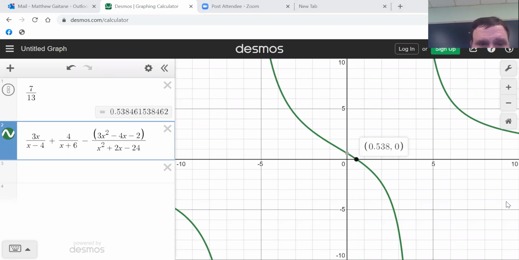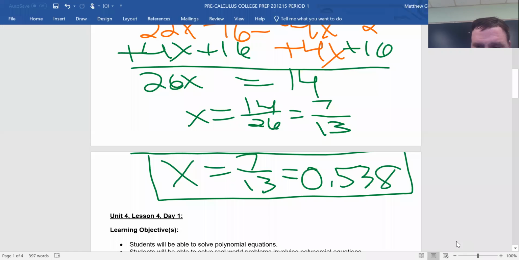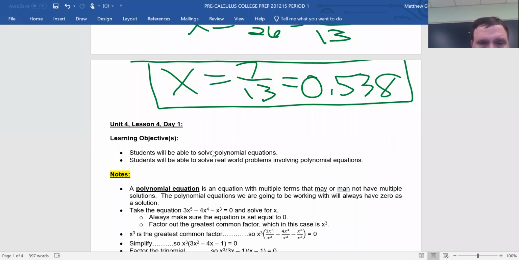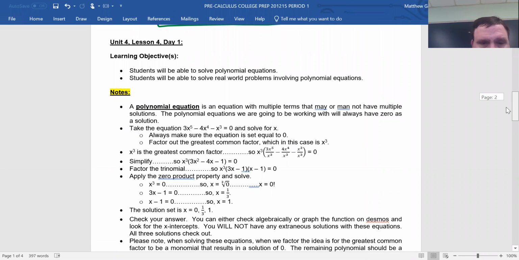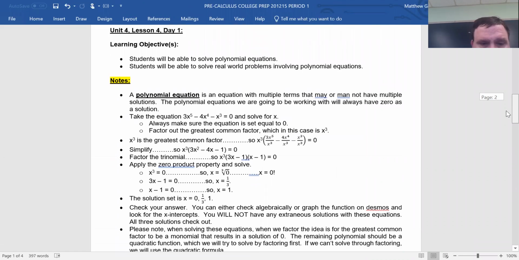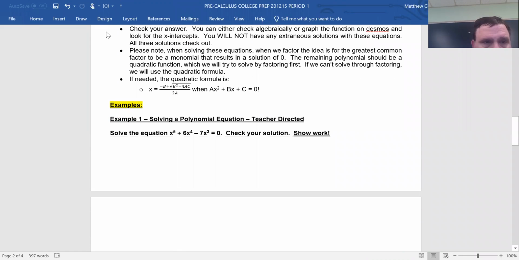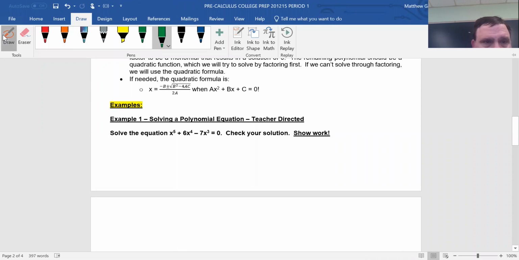So getting back to where we're going today, we're going to be solving polynomial equations. And here is just an example that you can read through. I'm going to take you through the process right now. So we're going to start with example 1.